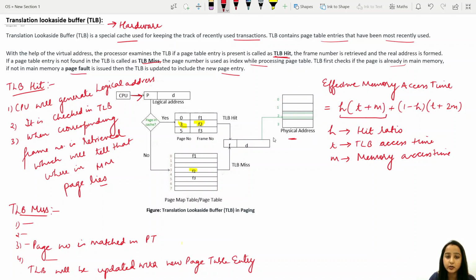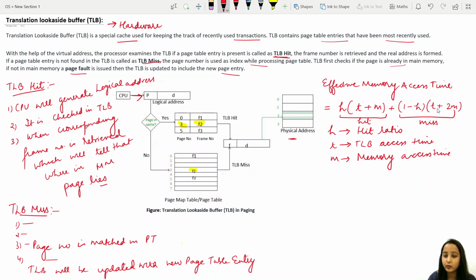See here, H is the hit ratio: we found the page. So how much time will it take? First it will look into the TLB and then it will access the main memory, T plus M simply. There may be a scenario when a miss occurs, meaning you don't get the page in the TLB. Then 1 minus H will be the miss ratio.